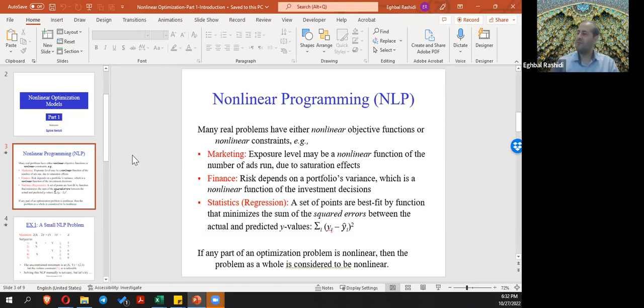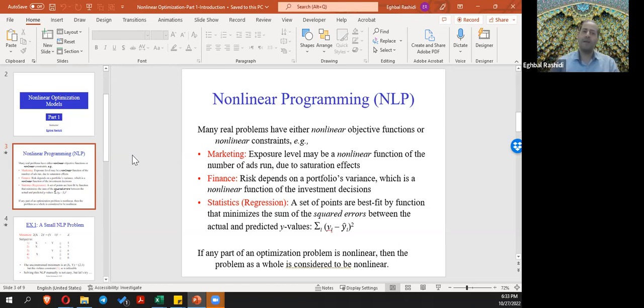We don't really believe that if a person sees an ad multiple times, it's going to have the same effect. It's going to have a decreasing marginal effect, right? So that's a concept that is best modeled as a nonlinear function rather than a linear function.